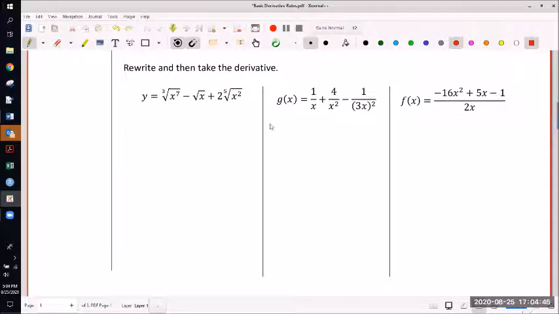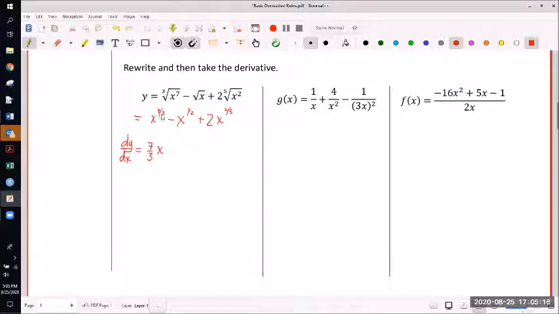Okay, for this function, we'll want to rewrite it so that it's easier to take the derivative applying the power rule. So first I'm going to rewrite the function. This is going to be x to the 7/3 minus x to the 1/2 plus 2 times x to the 2/5. Now, when I take the derivative, I can apply the power rule. So this 7/3, the power, comes down in front, and then I subtract 1 from 7/3.